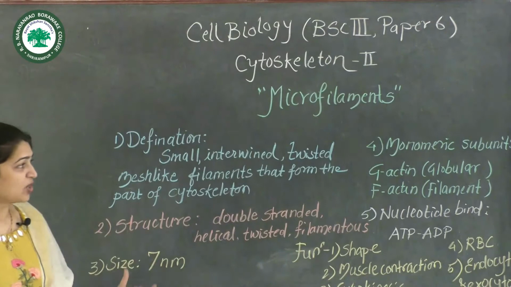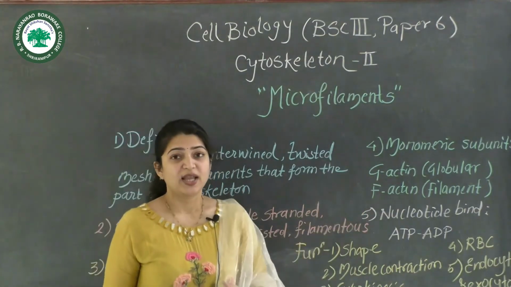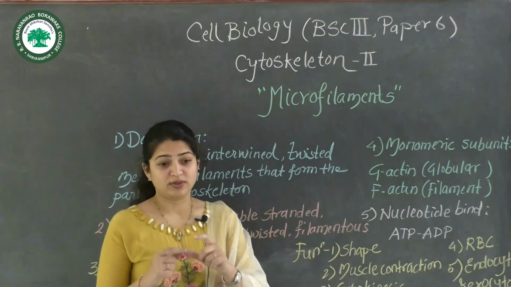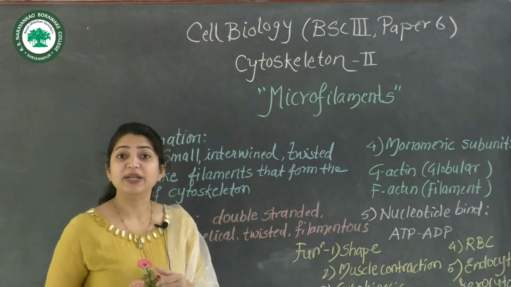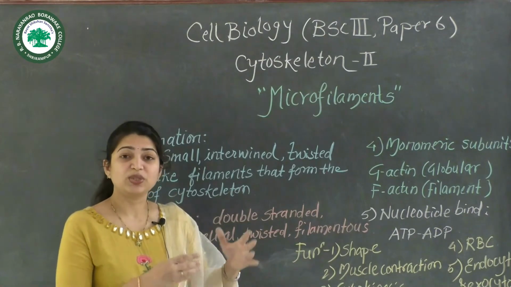After the size, let's move on to the monomeric subunits. In microtubules, we have studied that there are alpha and beta tubulins, the monomeric subunits forming the microtubule structure. Here also it is the same.